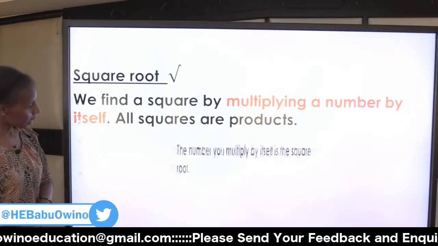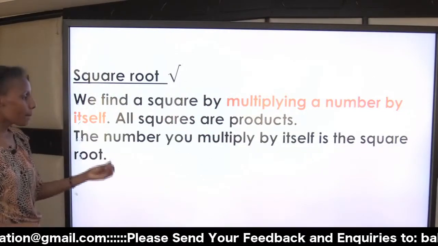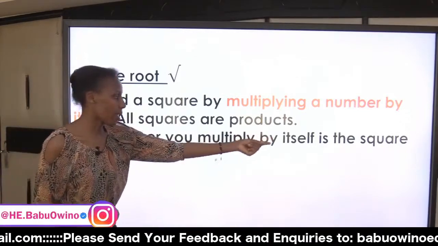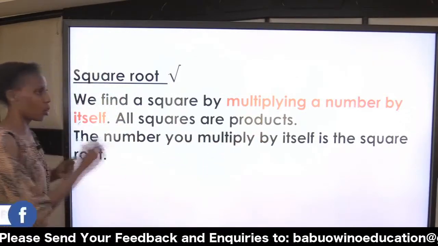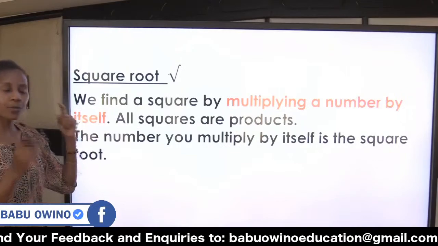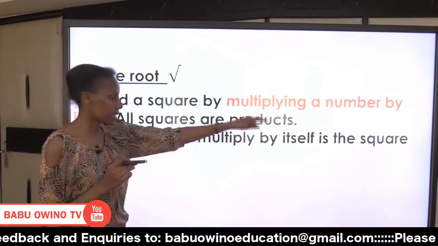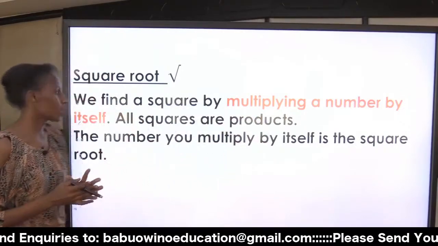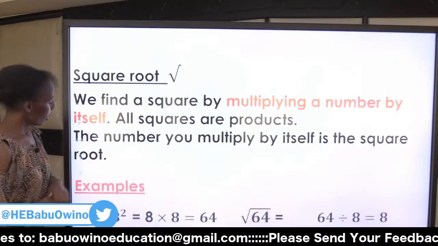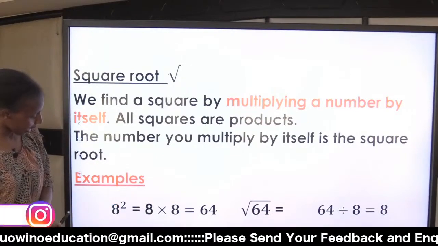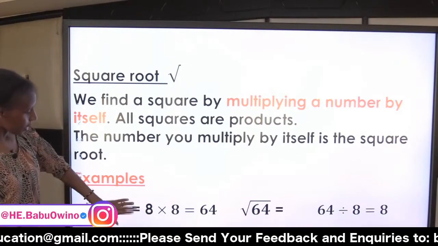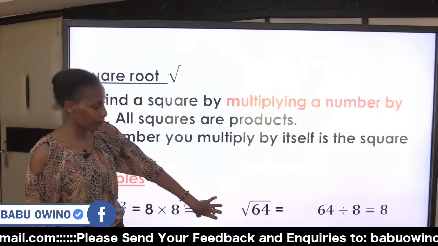Our bullet number 2, the number you multiply by itself is now the square root, and therefore we have to figure out a way of getting that number from the answer that we have. We have an example here. When I square 8, I'll end up with 64.